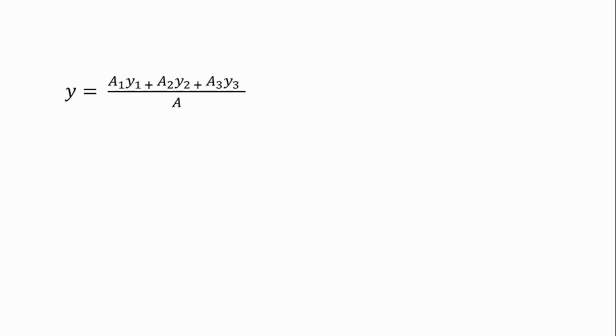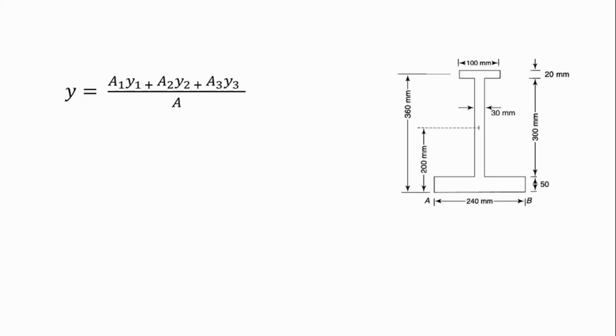From this shape, you can see that, like we said before, A1 is the compression flange, A2 is for the web, and 3 is for the tension flange. So A1 we already know. What will be Y1?